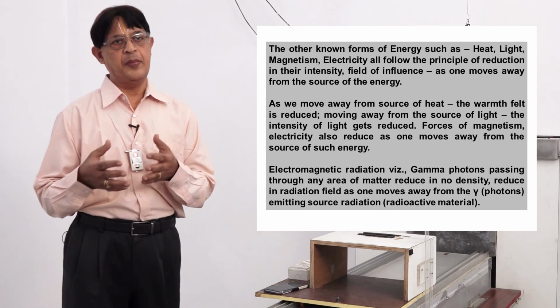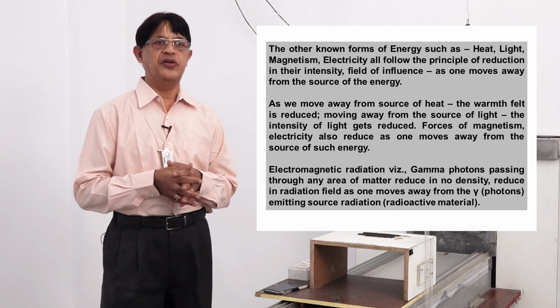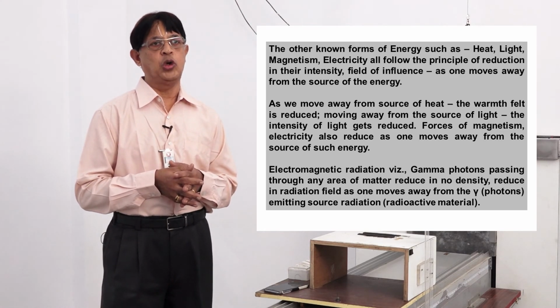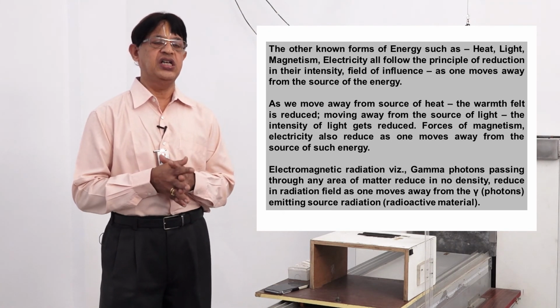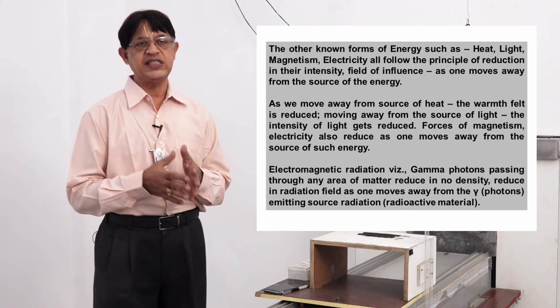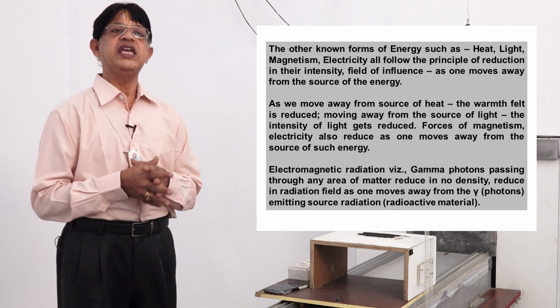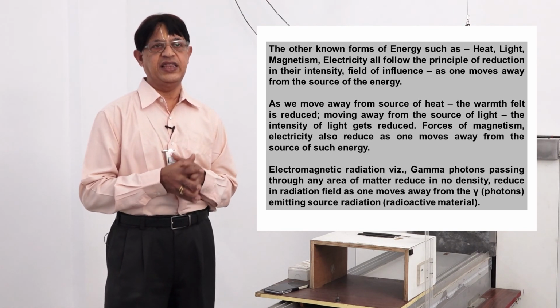As we move away from a magnetic field, again the magnetic force felt by the magnetic poles is reduced. So is the radiation. The gamma photons, the energy, as we move away decreases inversely with the square of the distance. That experiment we are going to understand during this course.